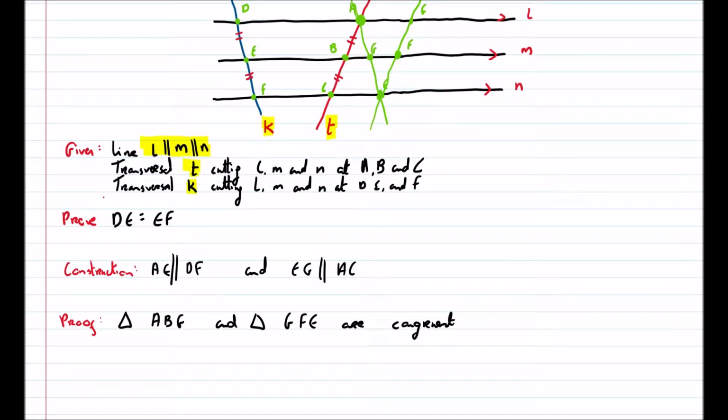Well, first of all, I can see that this angle here equals this angle here, because they're opposite angles. So I'll say that angle BGA equals angle FGE. And why is that? Because they're opposite angles.